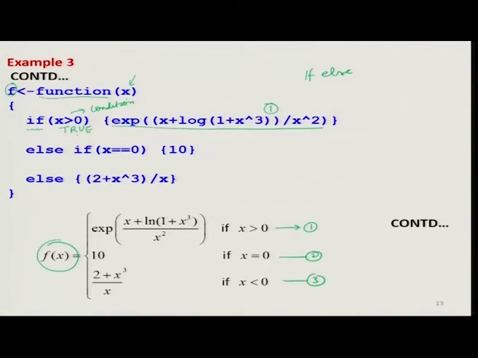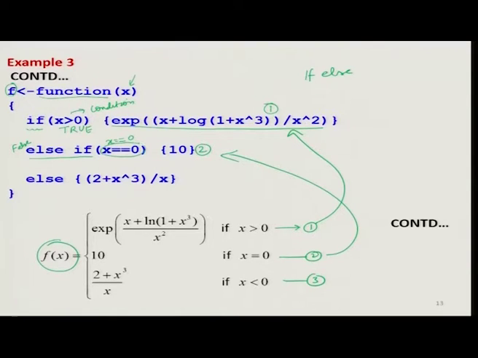And suppose this condition that x greater than 0 is false, then the control will come to the second line, and I write down here else if, and then I check whether x is exactly equal to 0, and here I compute my second statement.